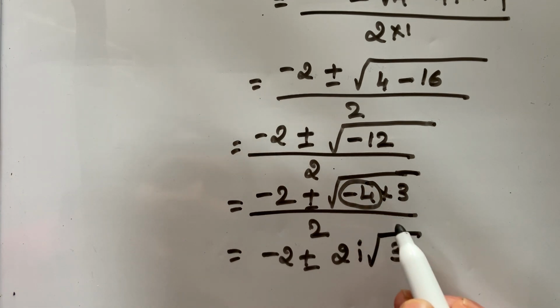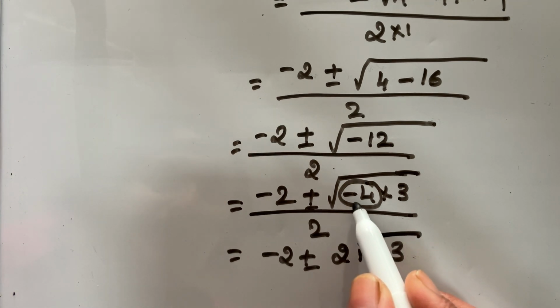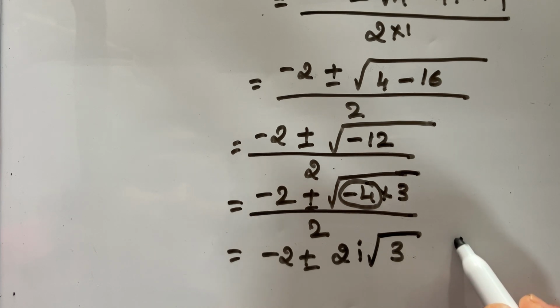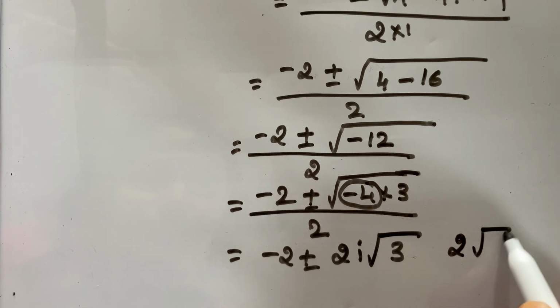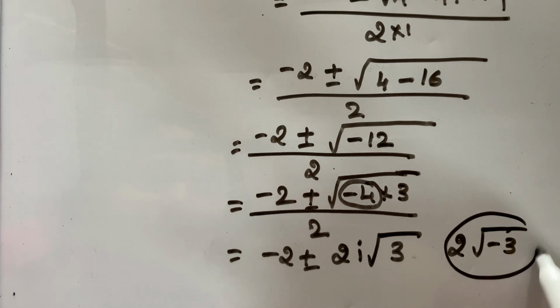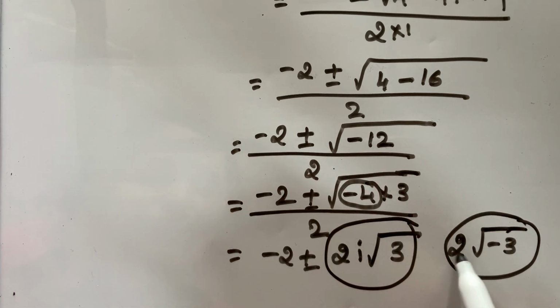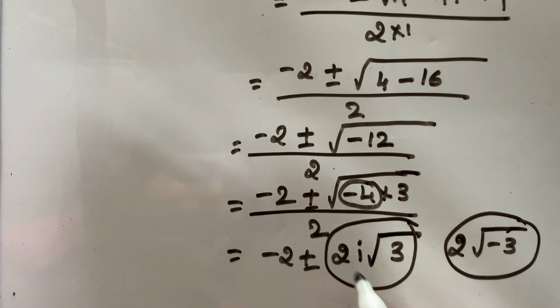Also you can write this term as 2 times square root of negative 3, instead of i. Here I would like to use i.